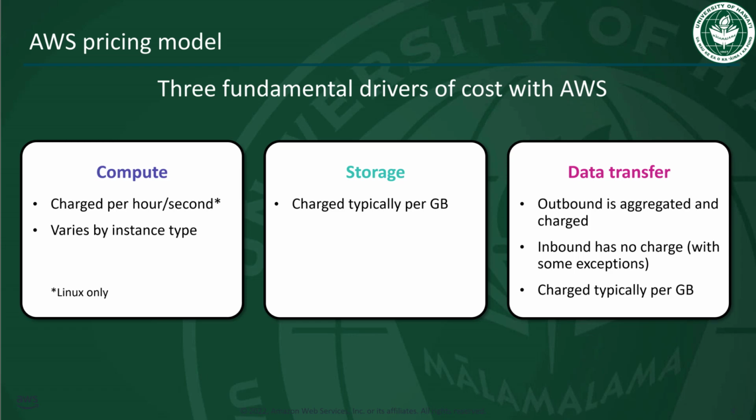Compute is usually charged in hours or seconds of the amount of compute you do, and it varies by the different instance types. You'll notice here it says charged by hour or second, Linux only. It really does depend on what type of operating system you're using for your EC2 instance, for instance.